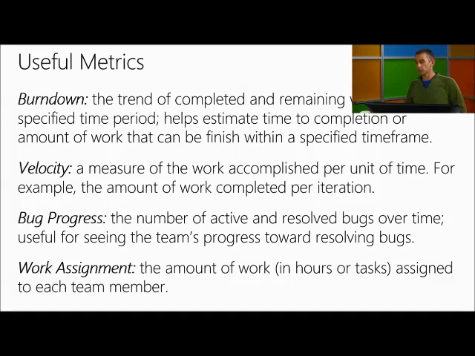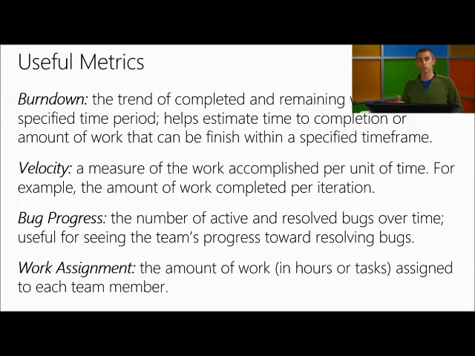So also you've got your velocity reports, like I mentioned. That's work over time. You've got your bug progress reports, exactly what it sounds like. How are you progressing against your bugs? You've got your work assignments report. That's how many hours of work you have assigned to each individual resource. You've got your test plan progress, which is going to be your burn down of your test tasks.